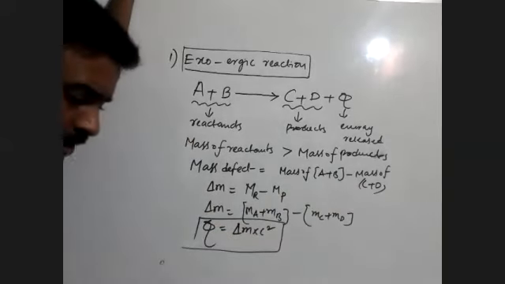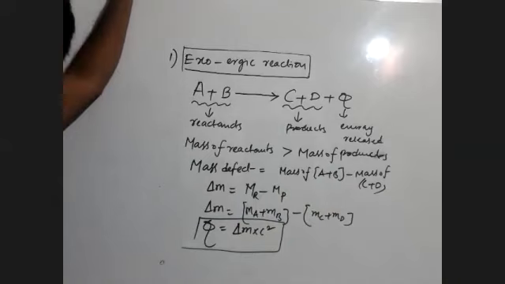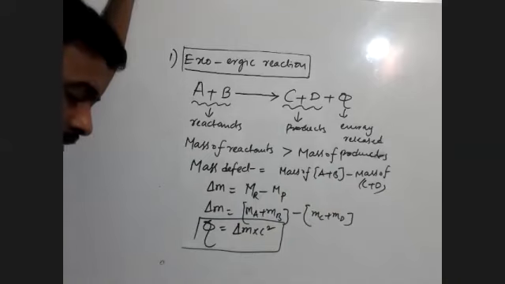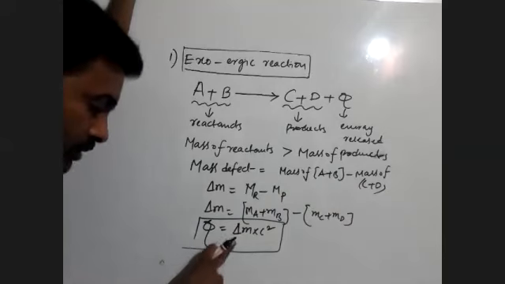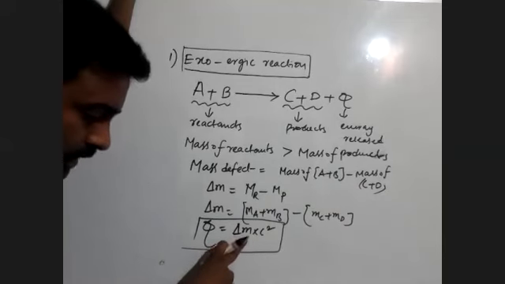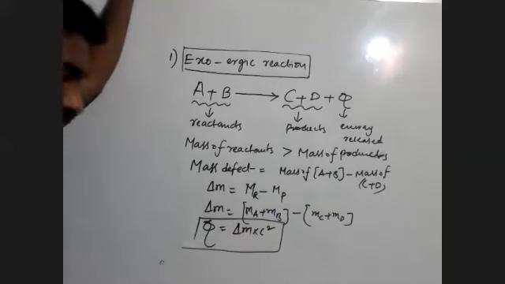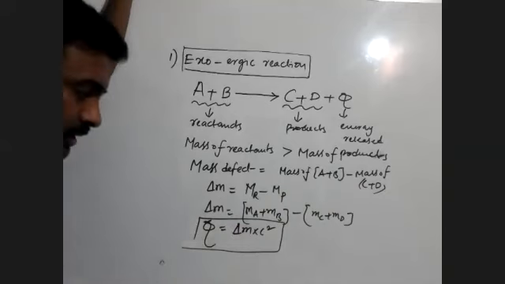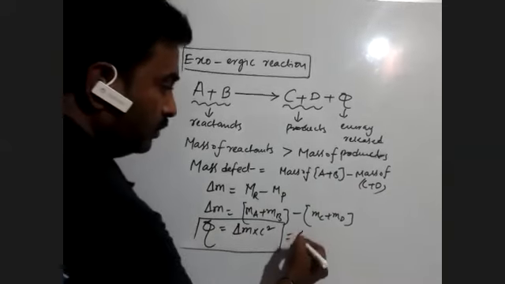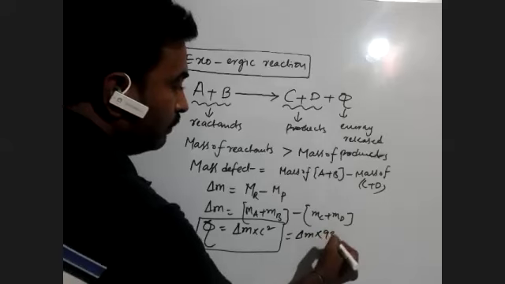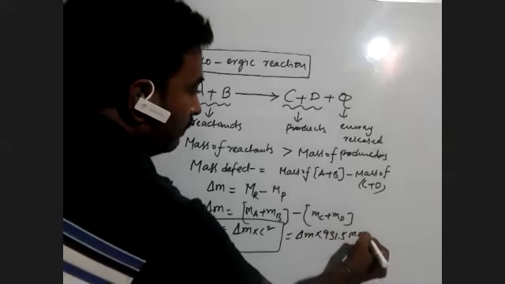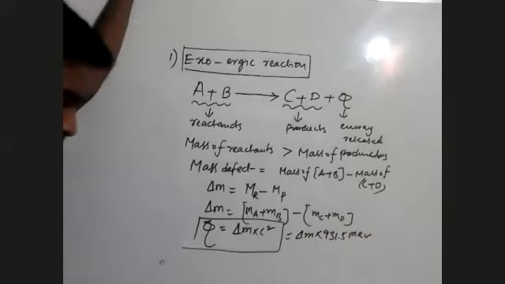You can take it in joules or in electron volts. So Q is equal to delta M into c squared, or you can write the energy as delta M into 931.5 MeV, mega electron volts.